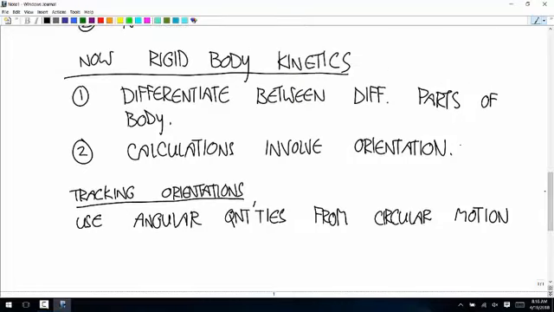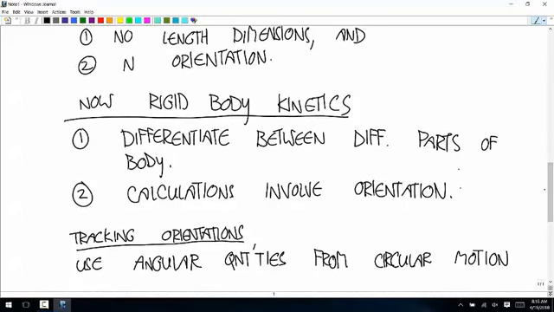No, we have only been doing particle kinetics. We did particle kinematics, particle kinetics, then we did energy, but still with particles.